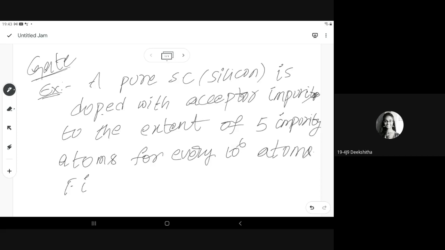Find its conductivity. So you only solve this problem. You just solve the problem and tell me the answer.